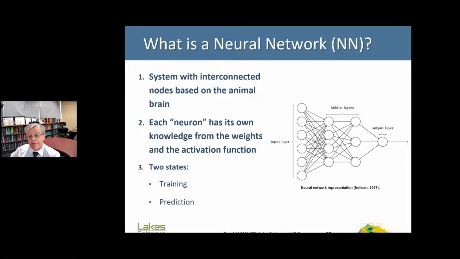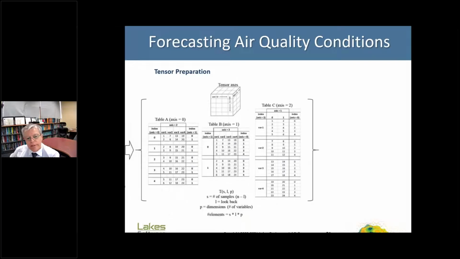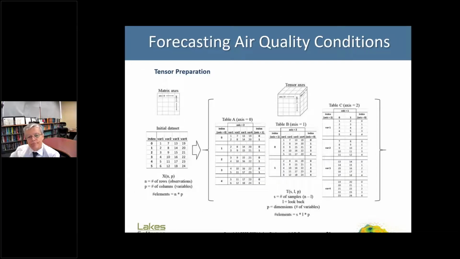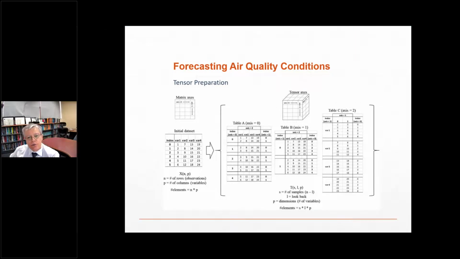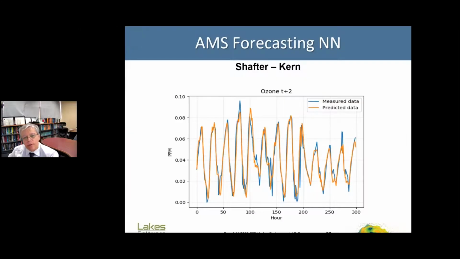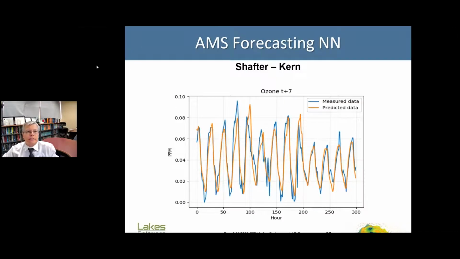It is expensive. It gives good results, no doubt, but it is expensive. So I developed one where I get the monitor data, and then I can forecast as good or almost as good as photochemical models, just using neural nets. And this is an example.